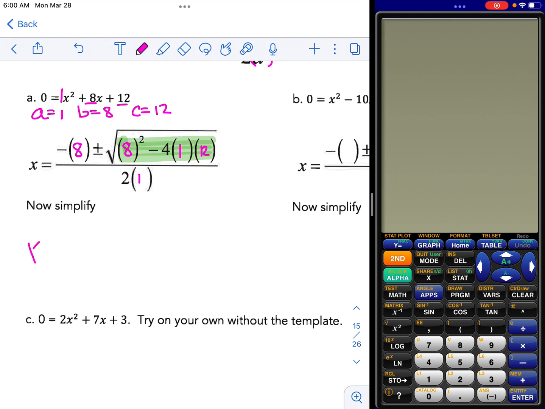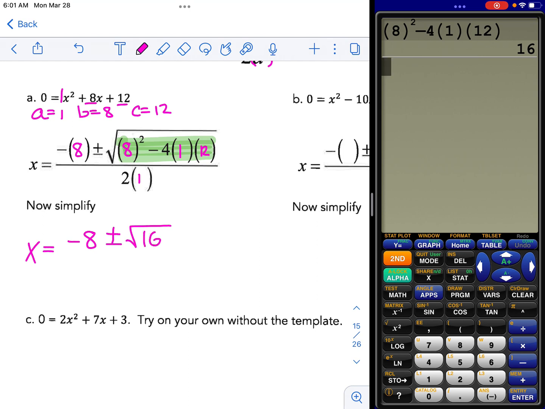So what we're going to have is x equals minus 8 plus or minus the square root of, and now we're going to do that math. We're going to go 8 squared, bracket 8 squared minus 4 times A times C. And notice when I'm using my brackets on my graphing calculator, I'm not putting the times sign in there.